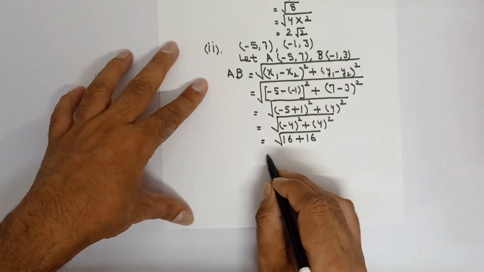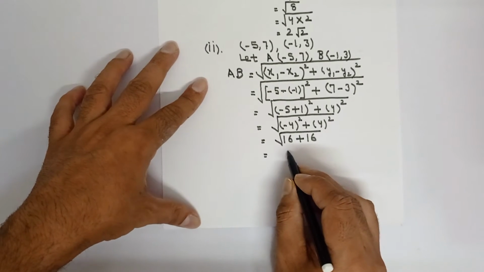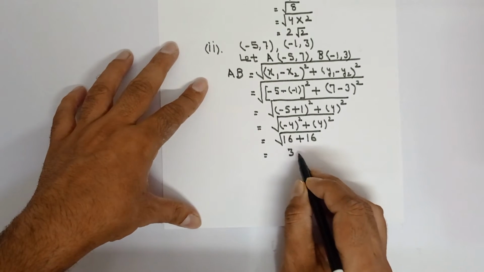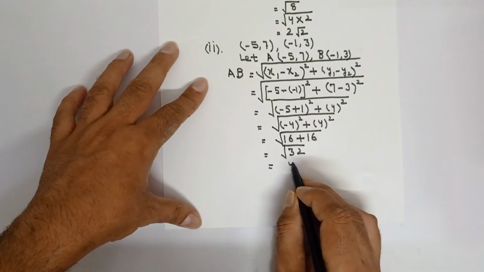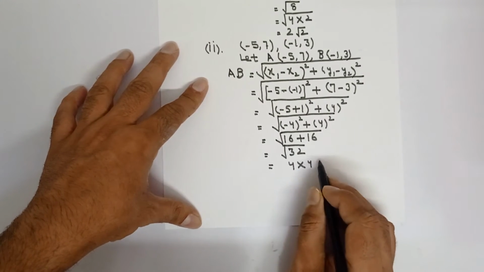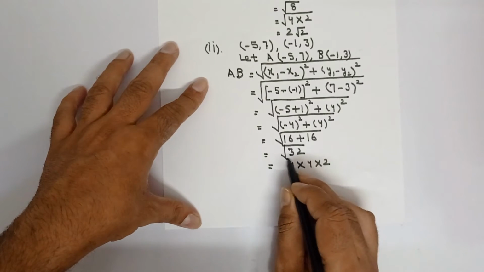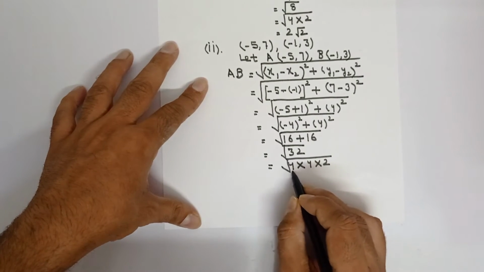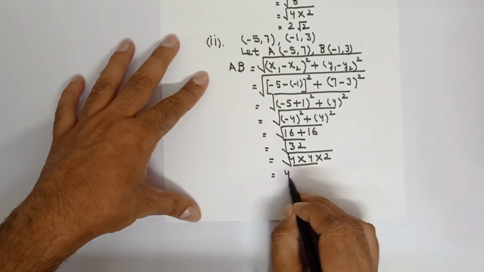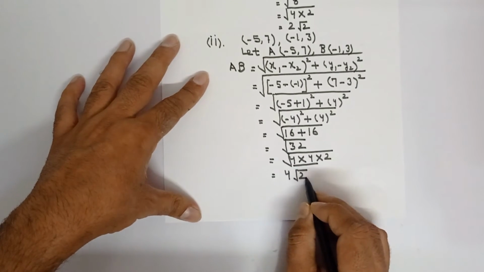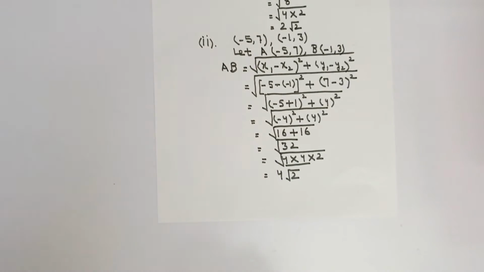So 16 plus 16 is 32 under root. 32 can be written as 4 into 4 into 2 and whole under root. So this is one pair of 4. So I will take out 4 outside, inside will be under root 2. So this is 4 under root 2, the answer of part number second.